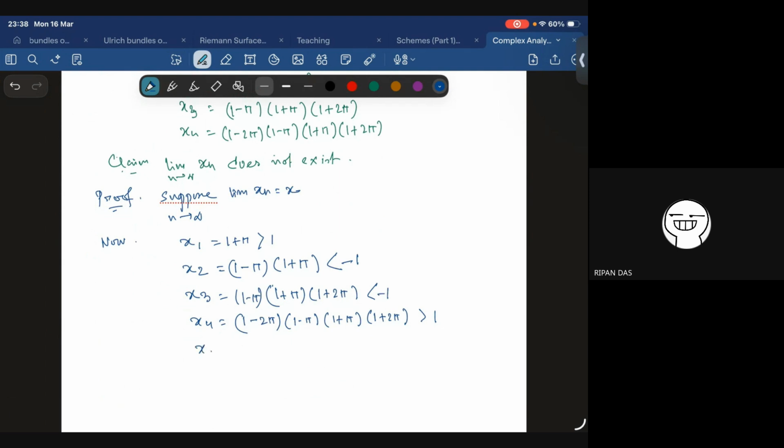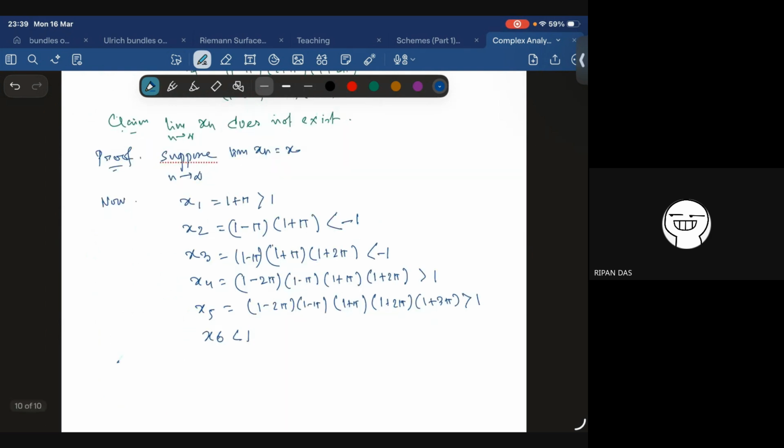So again, x5, if you write it, you get 1 minus 2 pi, 1 minus pi, 1 plus pi, 1 plus 2 pi, 1 plus 3 pi. This will be greater than 1, but the consequent term will be less than minus 1 again. x6 is less than minus 1.